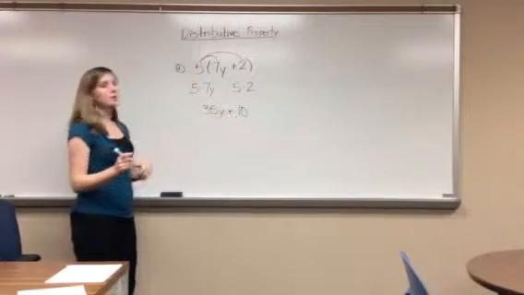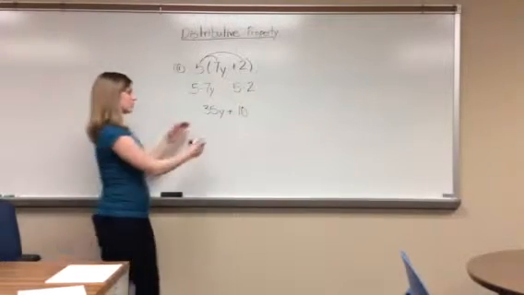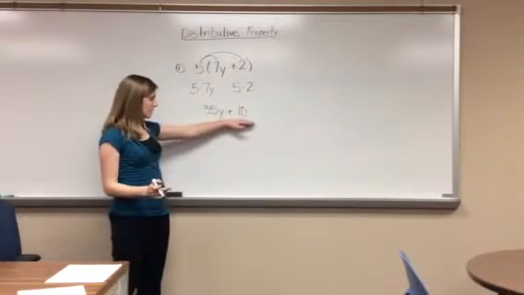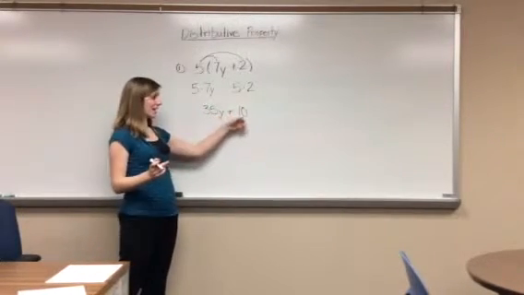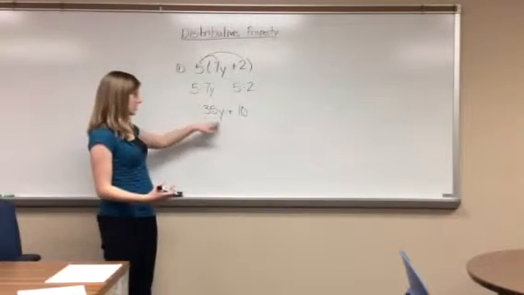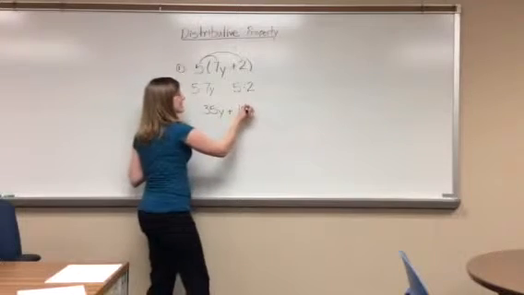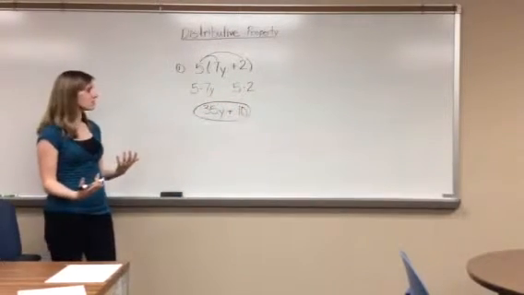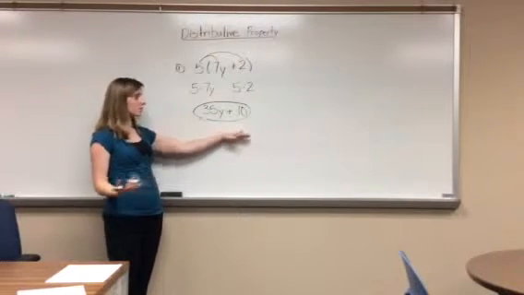Because it's positive, I put an addition sign to split the two terms, to separate them. Now, if I look at this problem, 35y plus 10, I can't combine those. They are still not like terms. This one has a y, this one doesn't. This is my answer. That is simplified as far as you can go.